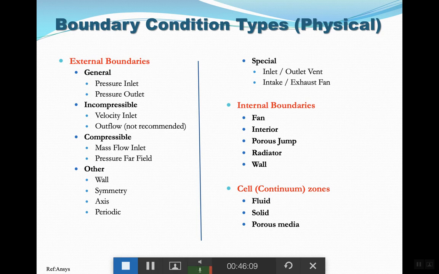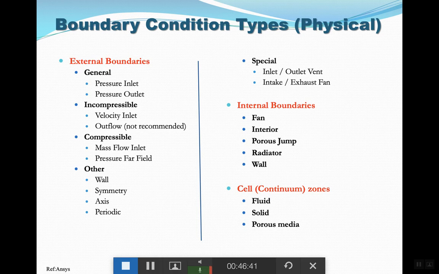So the cells at the boundaries are already assigned some sort of boundary condition. But you also have many cells inside your control volume that you basically want to solve for unknowns in, right? You want to find out the velocities, temperature, and pressure for those cells. What the software does is assign all those cells as interior boundary condition.